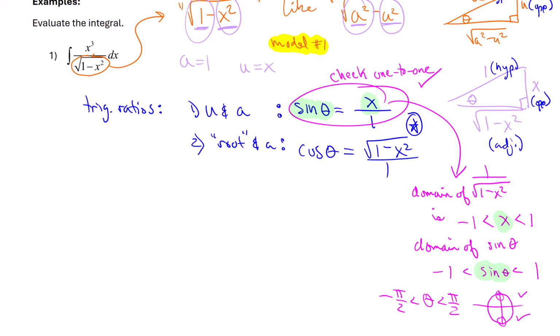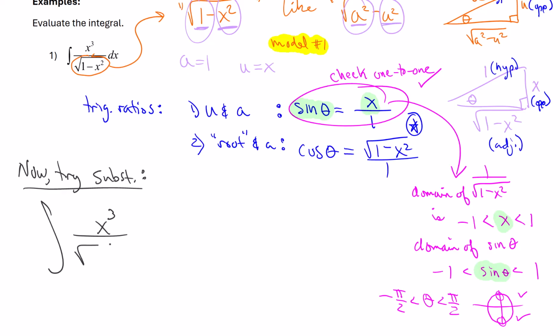So let's now continue on and actually try to do a substitution. We've been setting up all this work for what, right? Well, if you take the original integrand, which was given as the fraction whose numerator is x cubed, whose denominator is the square root of 1 minus x squared, this is all dx, and we know that no other integration tool we have will get through this one.